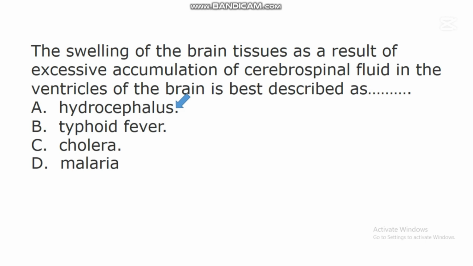So when the level of this cerebrospinal fluid becomes excess, above normal, it will accumulate in the ventricles of the brain and bring a swelling of brain tissues. This swelling is called hydrocephalus.